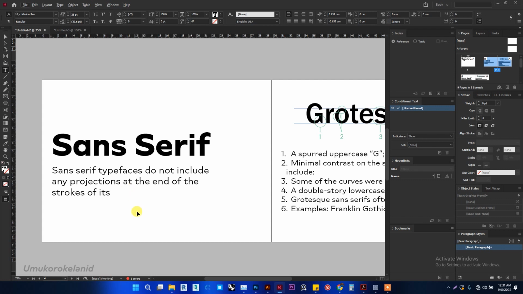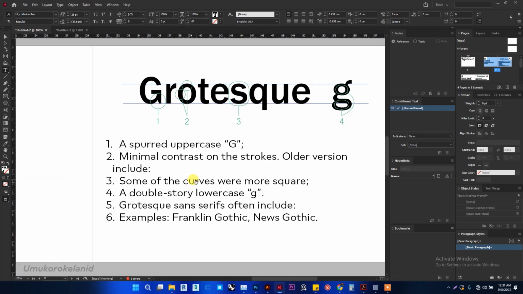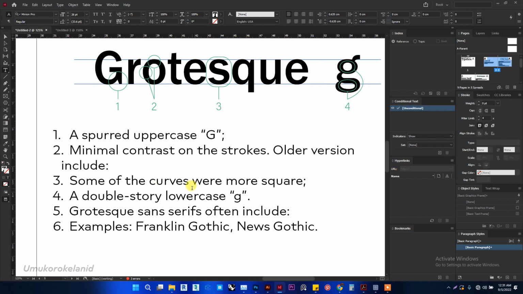So now, these also have parts of a sans serif font. The number 1 talks about the spur uppercase G, 2, minimal contrast on the strokes. The other one has maximum contrast. That's the serif, which has maximum contrast on the strokes. That's one way we can differentiate them.